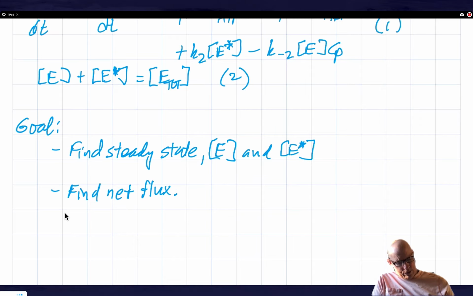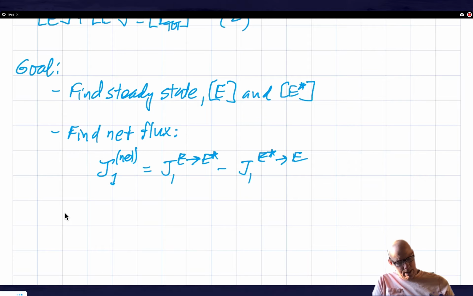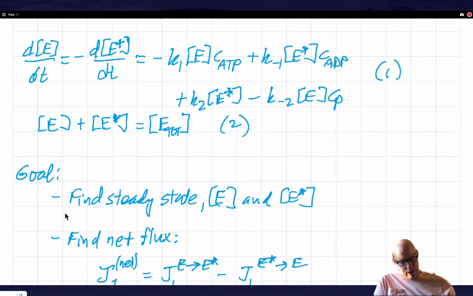Just as an observation, reaction 1, the net, is going to be equal to J1, E goes to E star, minus J1, E star goes to E, and I can write those by looking at our equation.